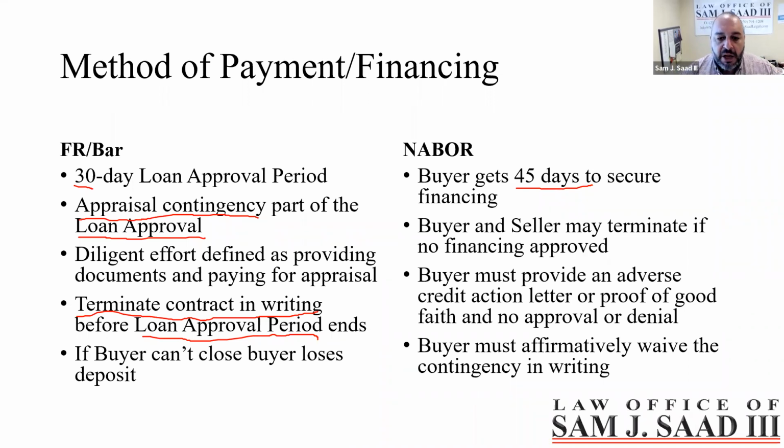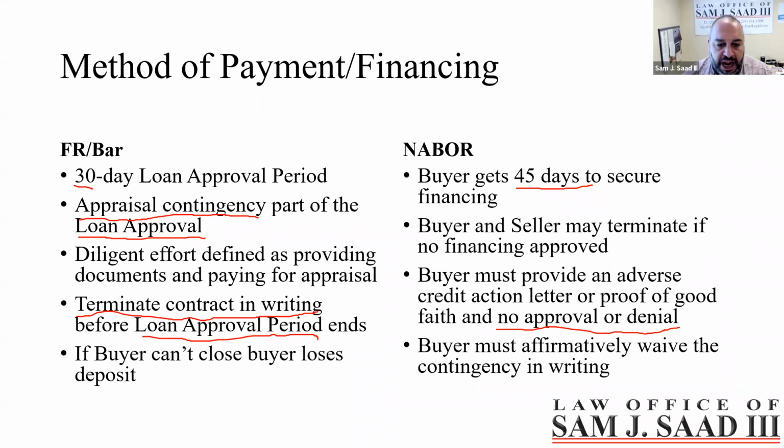If the buyer does not affirmatively waive the contingency in writing prior to the seller making an election to terminate after the finance contingency period is over, then the buyer will have the right to terminate, provided that they provide an adverse credit action letter or proof of good faith and no approval or denial.